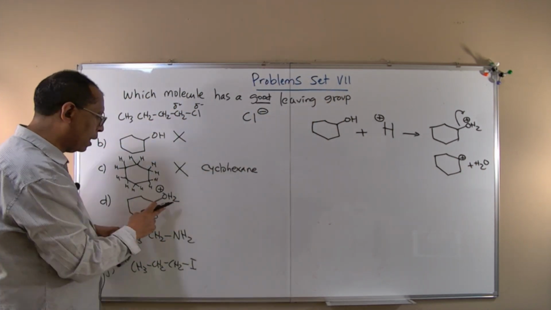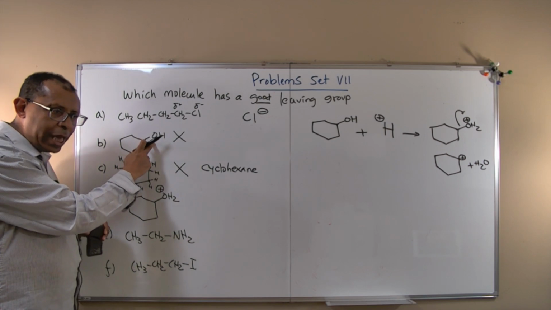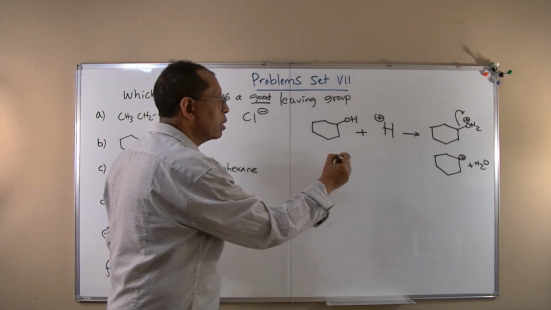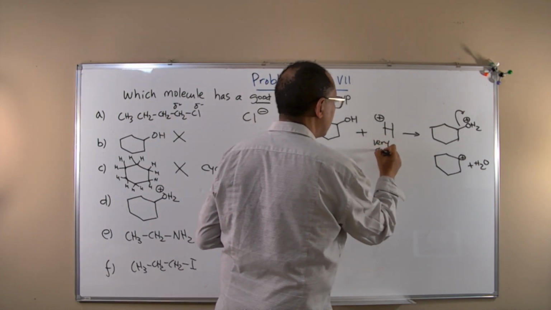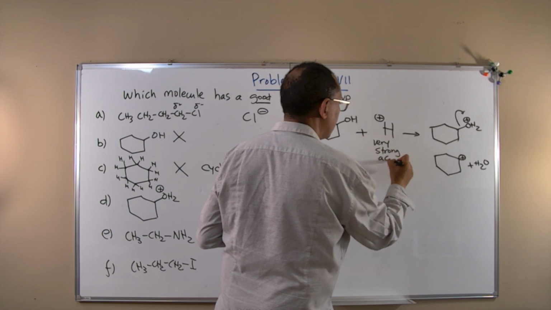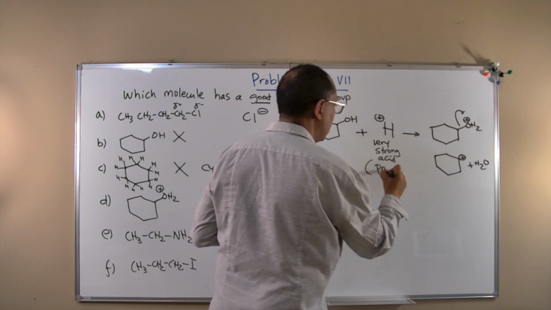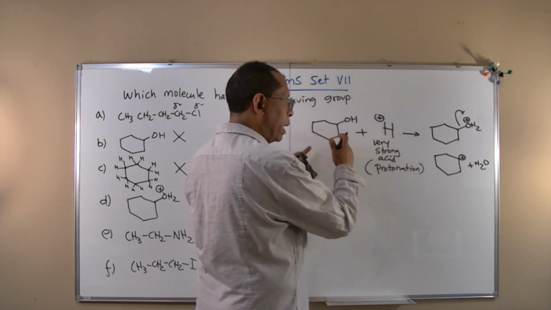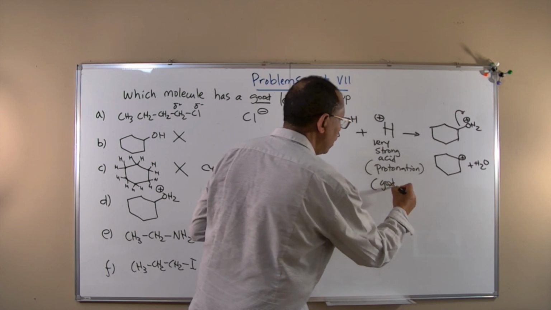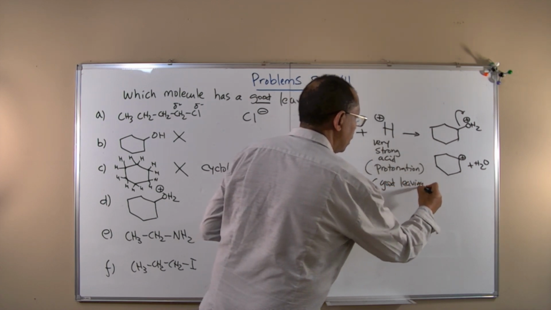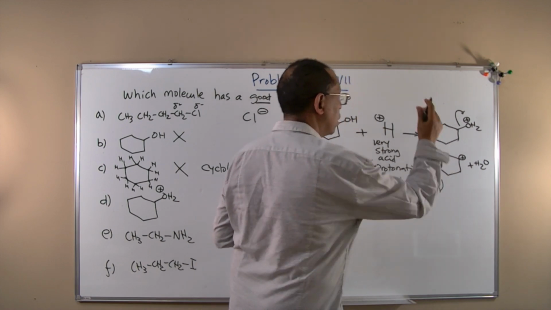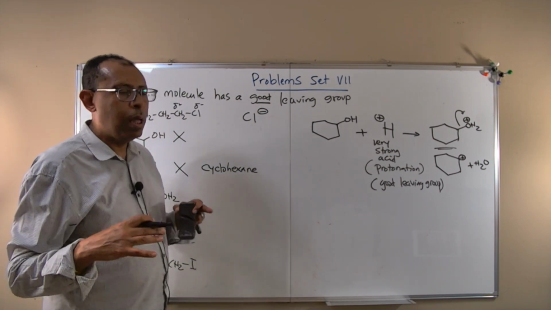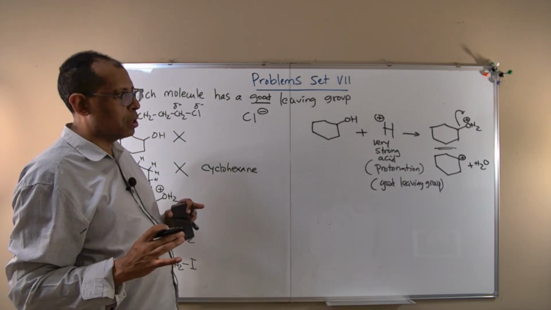So to make OH into a good leaving group, you should react it with a very strong acid. That reaction is called protonation. It makes it into a good leaving group. This is an important concept in substitution reactions. Remember forever now, OH2 plus is a very good leaving group for a substitution reaction.